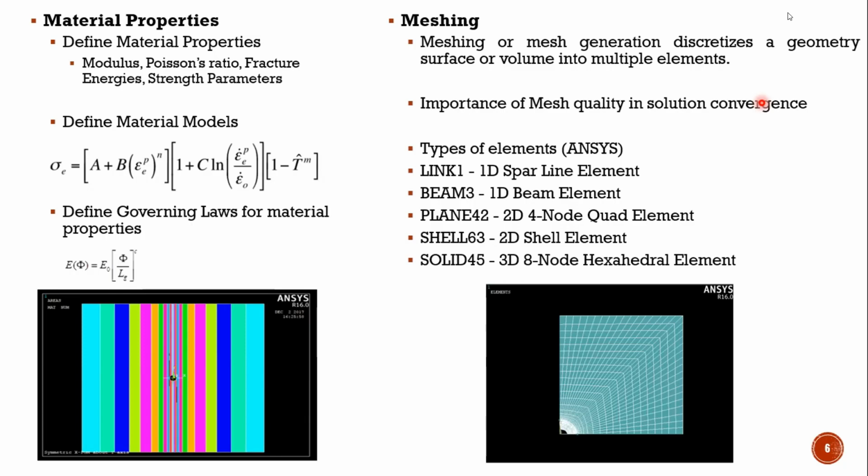What we do here is we give some properties to those equations, and from that we derive a parameter called characteristic length, and based on that we decide what should be the minimum mesh size, so that our solution is converging. That helps in both ways: it helps in converging your solution as well as reducing your computational time.